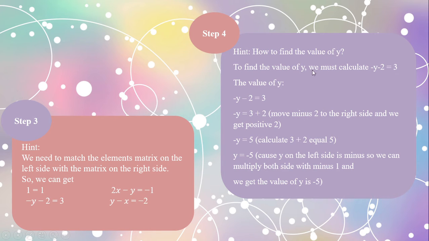Step 4. How to find the value of y? To find the value of y, we must calculate minus y subtracted by 2 is equal to 3. Why do we choose this equation? Because this equation has the variable y.